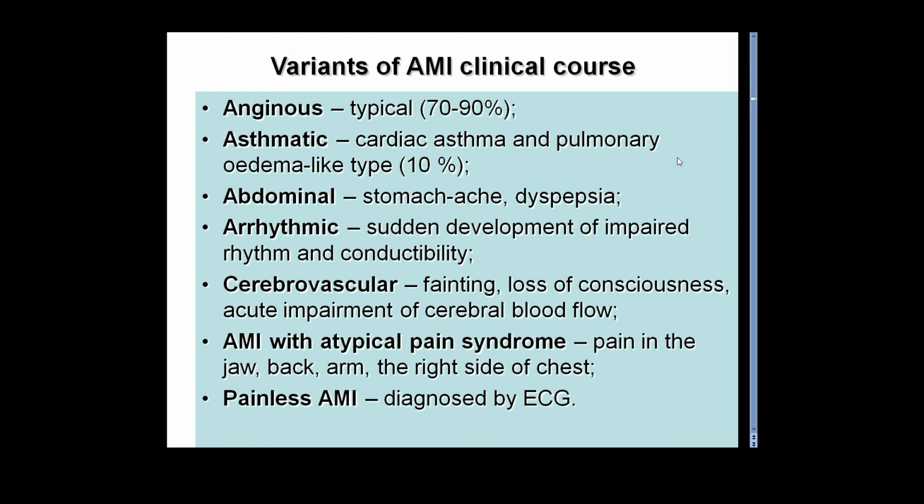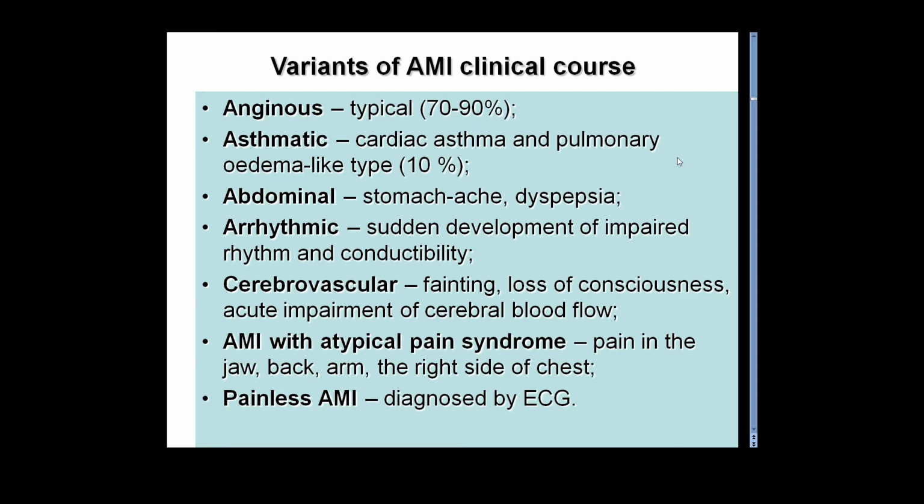These are all the variants of acute MI according to clinical manifestation. In 70 to 90% of all cases the typical anginous variant of acute MI occurs, characterized by development of unusual, severe, intensive, prolonged substernal chest pain.